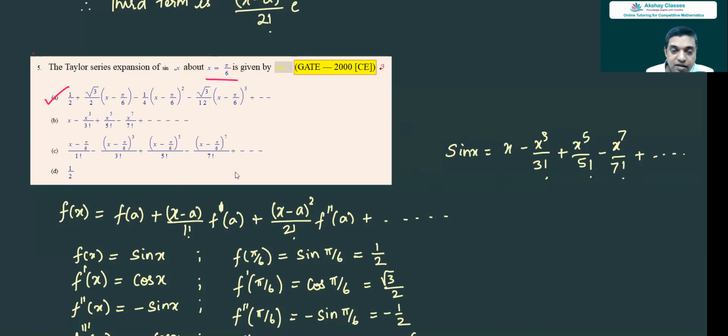That's a mistake, because this is the expansion for Maclaurin series about x equal to 0. So these terms are derivatives at x equal to 0, whereas in this case, the derivatives will be at pi by 6. So therefore, the expression comes out completely different. If we try to do this shortcut, we may think that this is the answer, but this is actually not the answer.